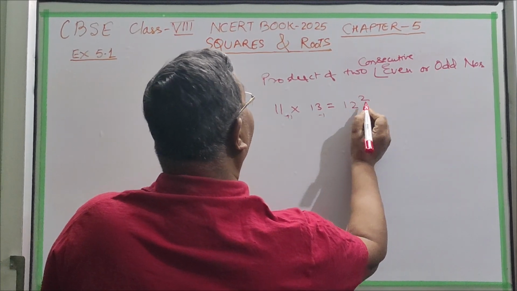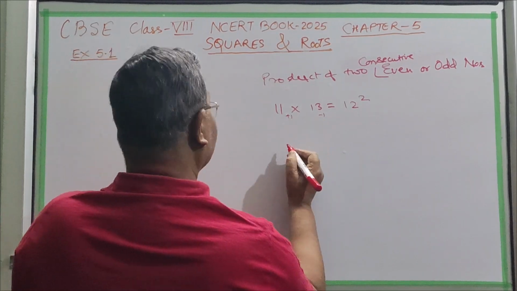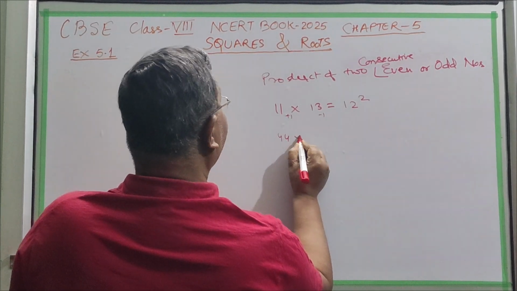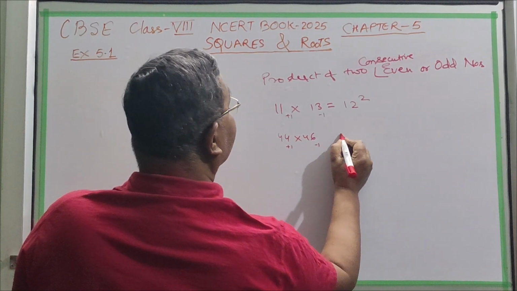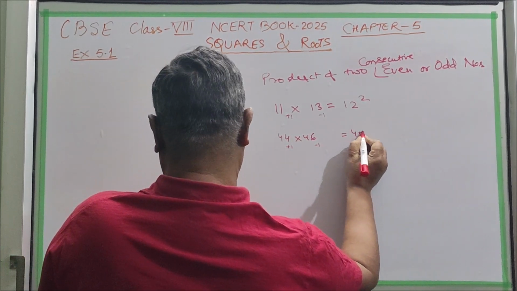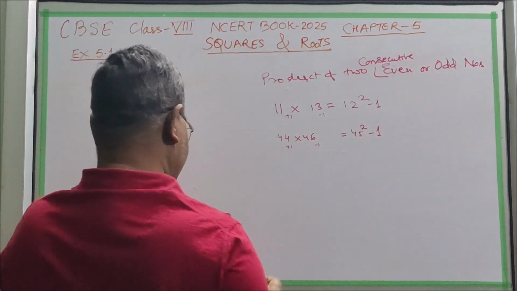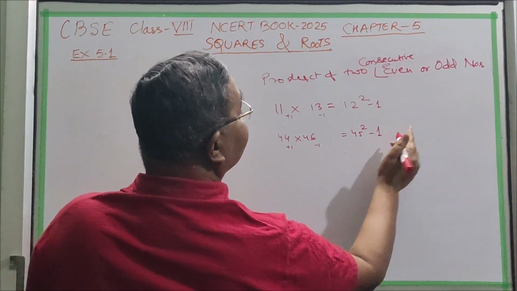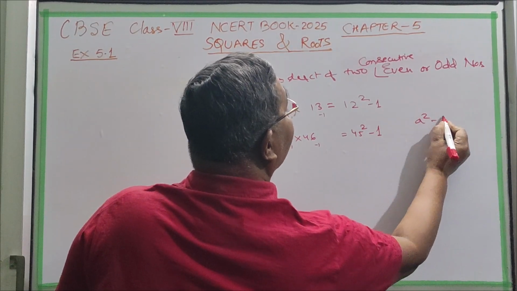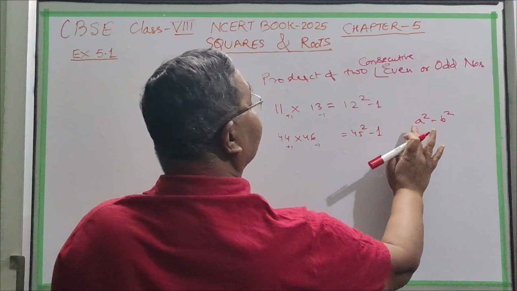Like here, 12 squared minus 1. Or suppose you want to take 44 into 46. Add 1 to 44 or subtract 1 from 46, and it will be 45 squared minus 1. How does this come? Actually it comes from a squared minus b squared. This is the formula, and it works based on this.